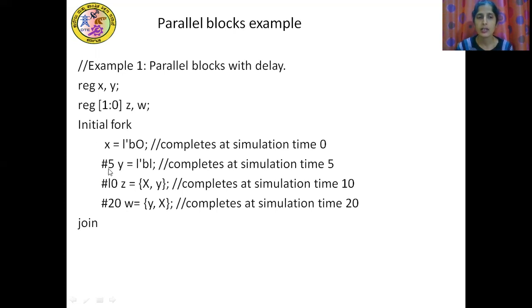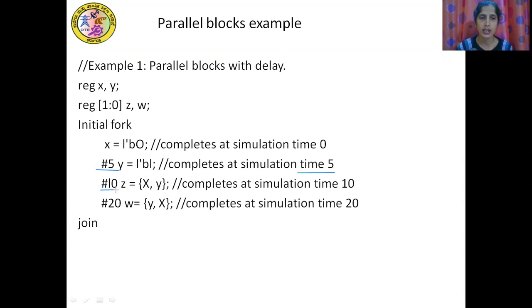Since it is a parallel block of statements enclosed between the keywords fork and join, let us see at what simulation time each statement will complete its execution. The first statement will complete its execution at 5 units of time, since it is associated with a delay of 5 time units.